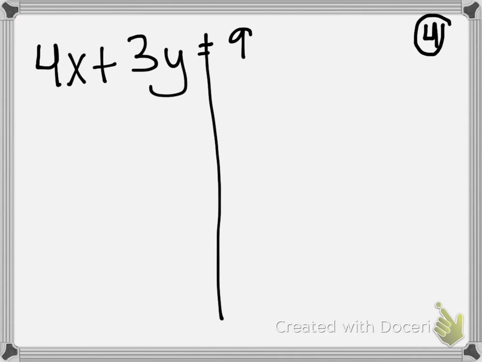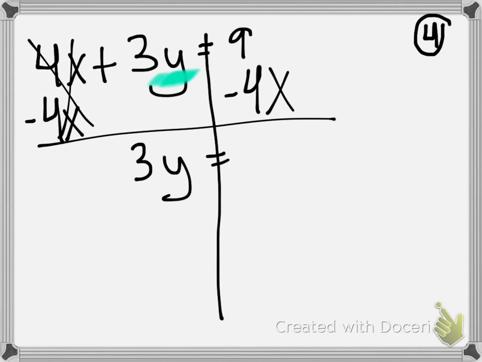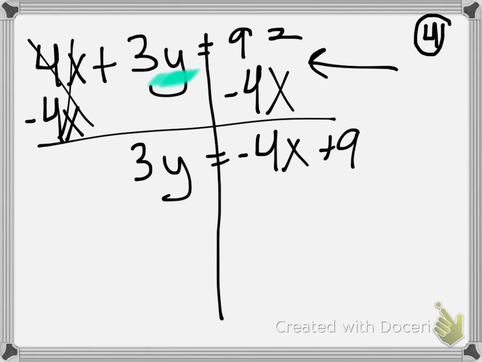Number 4. Okay, so I got a lot going on over here with y. I have to get rid of 3. I have to get rid of 4x. It's just a lot going on. So my first step, subtract 4x. Okay? And that gives me 3y equals, I can't combine those, so it's negative 4x plus 9. And I know that it's a plus because 9's not negative, so it's got to be plus. I don't want that arrow there.